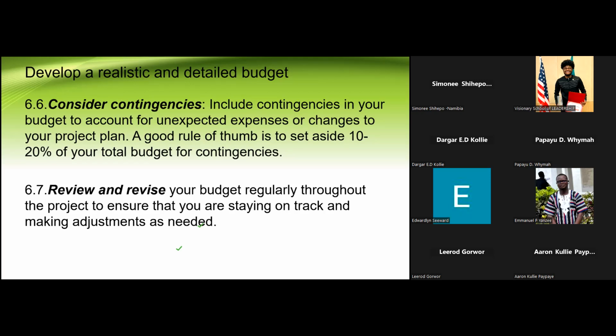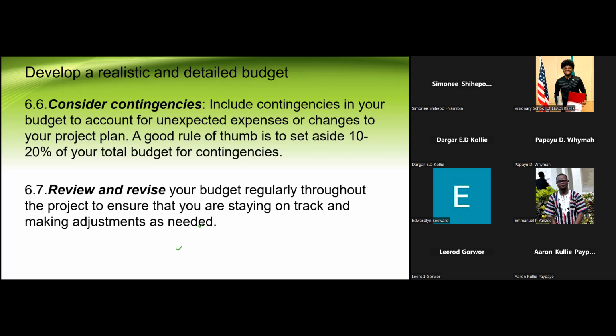Maybe something burns out, or the place is broken into, or there's damage because of a disaster, and then you have money for such. A good rule of thumb is to set 10 to 20% of your total budget for contingencies. The donor will tell you 10 to 20% can be contingency fund. They are very open with that.